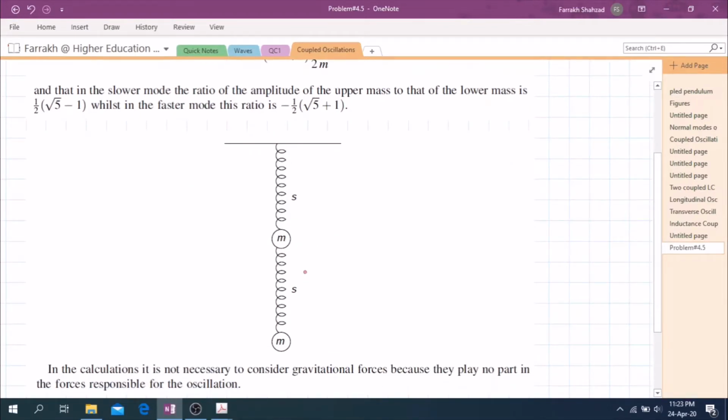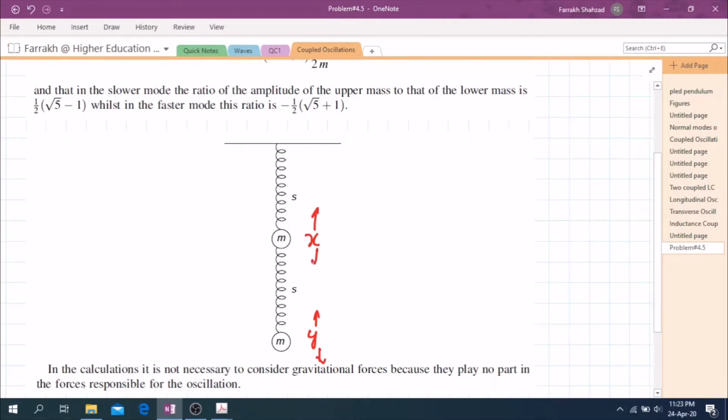If you look at this figure, there are two masses. We assign the displacement of the upper mass as x and the displacement of the lower mass as y.